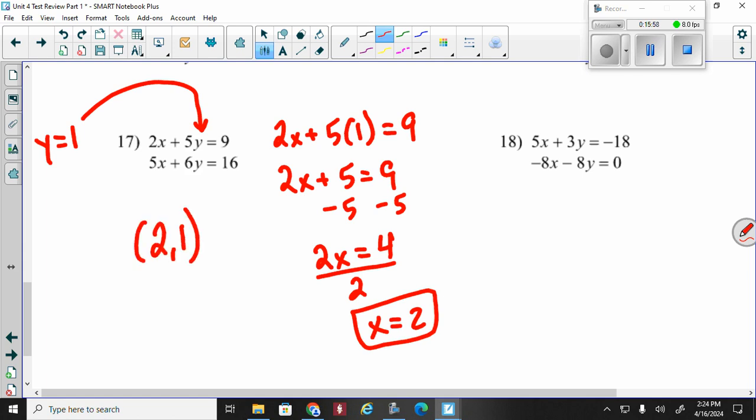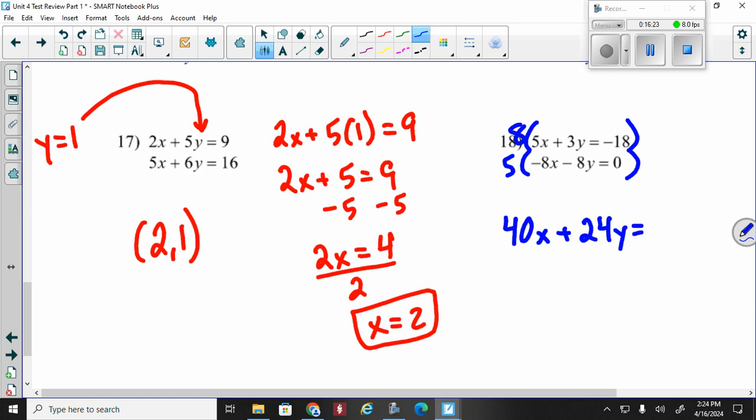All right. Now, for question number 18, if you notice, my first x is positive, my second x is negative, so when I do the old switcheroo, all I have to do is multiply by positive numbers. So I want to multiply the top by 8, the bottom by 5. So it'll be 40x plus 24y is equal to 18 times 8.